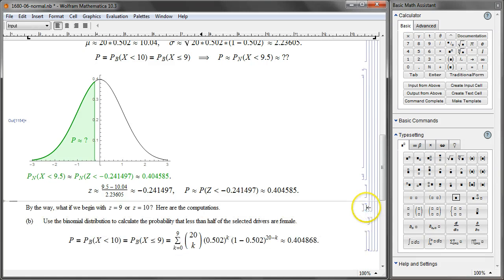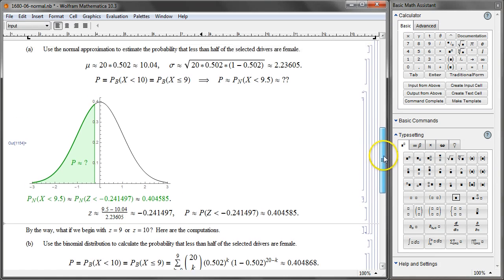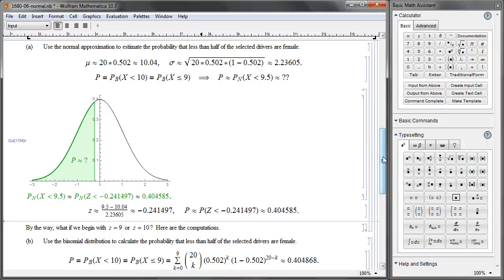In short, the normal approximation works very well even for such a small n value, n equals 20. The reason it went so well is because the probability p was very close to 1/2. If it is really close to either 0 or 1, then the normal approximation will not work very well. You'll have to do something called Poisson approximation, but I decided not to cover it this semester.